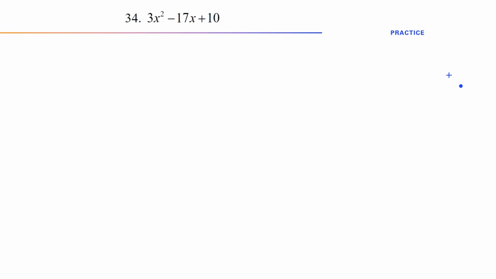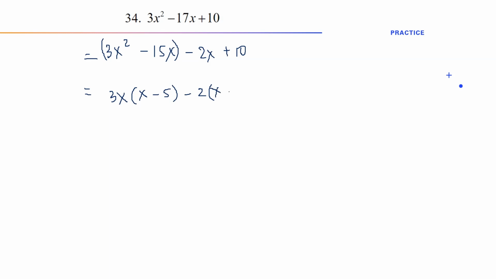So 3x squared minus 15x minus 2x plus 10. Now, what is in common for the first two? 3x, left with x minus 5. Minus 2, left with x minus 5. And in common x minus 5 times 3x minus 2.